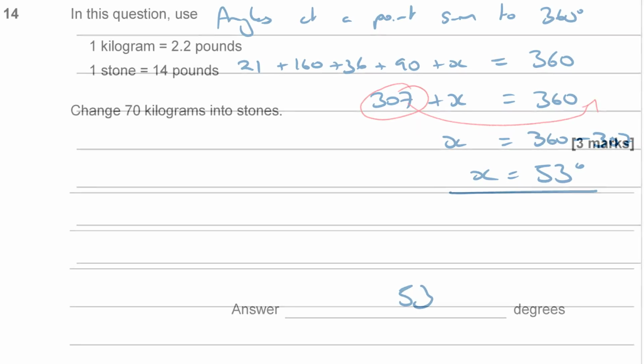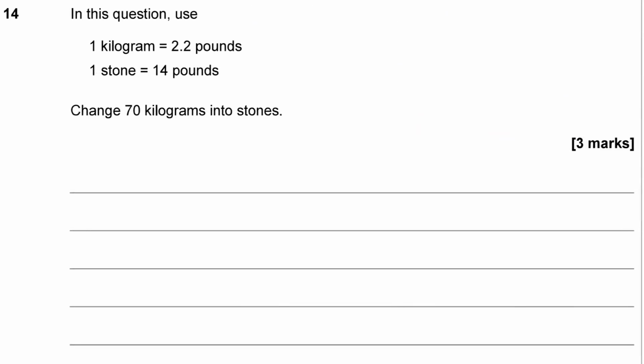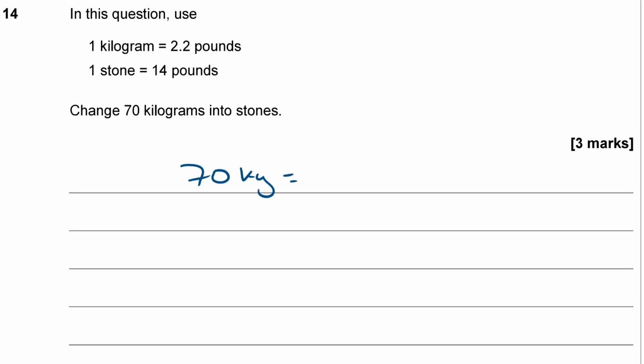Question 14. In this question, use 1 kilogram is equal to 2.2 pounds and 1 stone is 14 pounds. Change 70 kilograms into stones. So we're starting with 70 kg, aren't we? So to convert that into pounds, I'm going to multiply 70 by 2.2, aren't I?